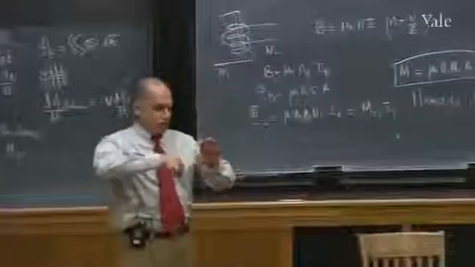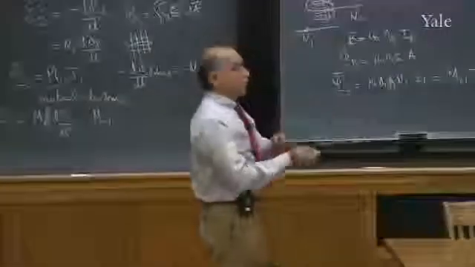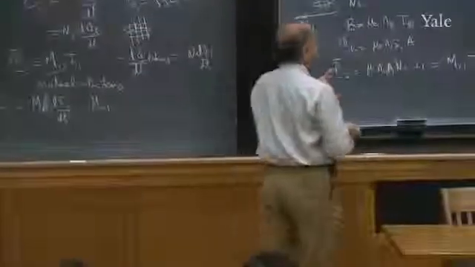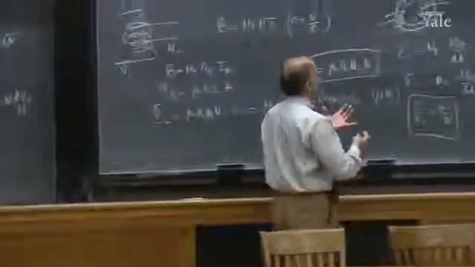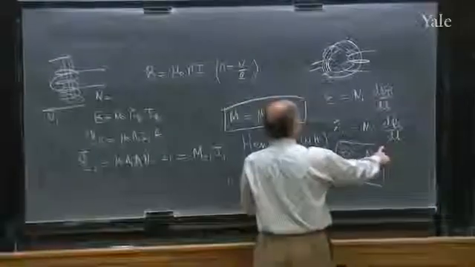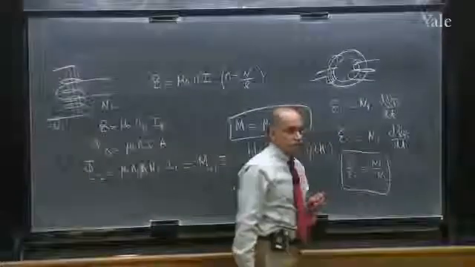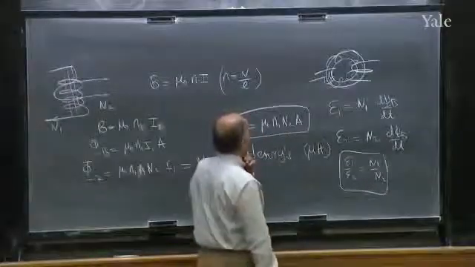The same flux is going around the donut. One guy has N1 turns around it, other has N2 turns around it. The EMF, you remember, is not simply the rate of change of magnetic flux. It's that multiplied by the number of turns. They both have the same flux going through them, but this has N1 turns, that has N2 turns. You can see this ratio. That's a very powerful result.